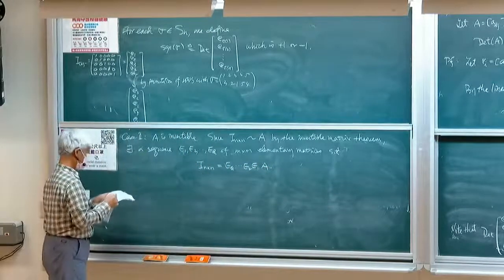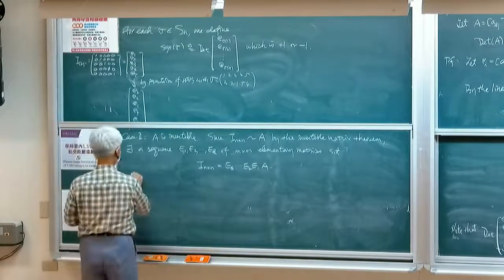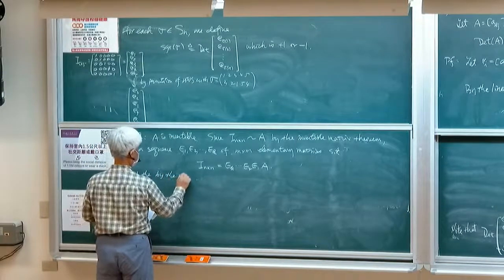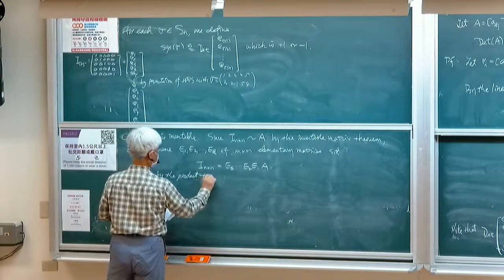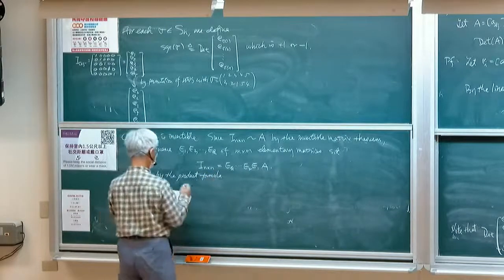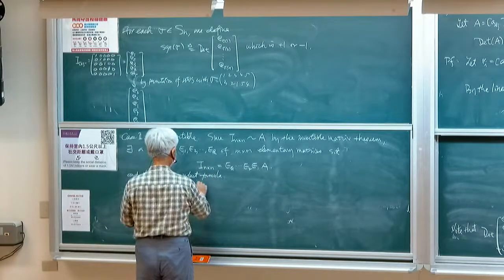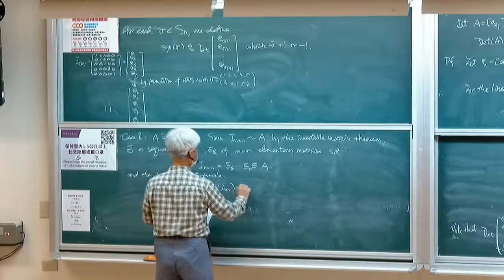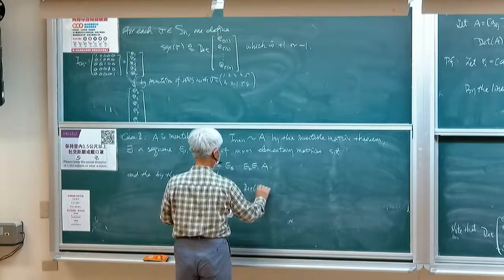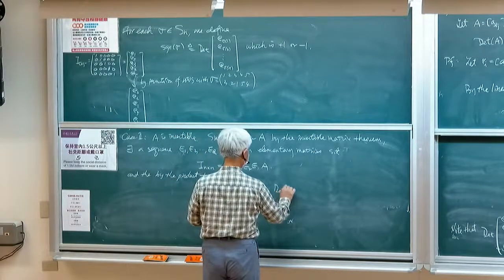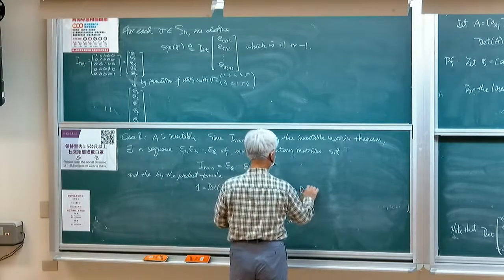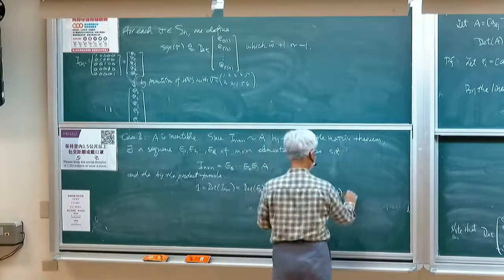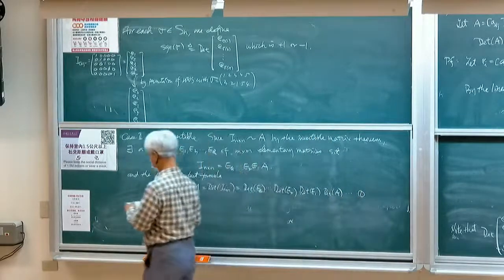Okay, so you have this one, and then by the product formula, okay, we have 1, which is the determinant of the identity matrix, equal to the determinant of Ek, up to the determinant of E2 times the determinant of E1 times the determinant of A. Okay, so this is equal to 1.